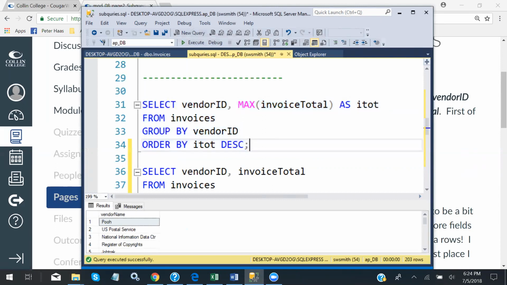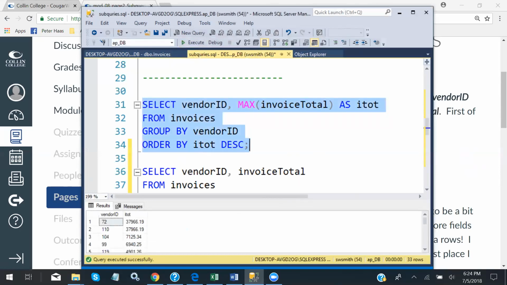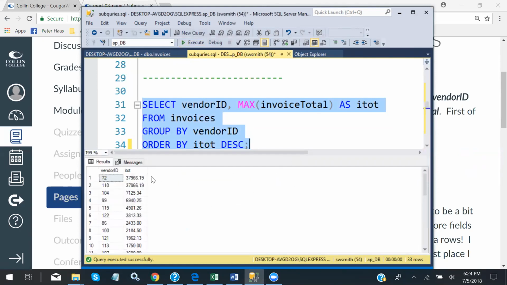Okay, so let's run this guy. Now, if you run it and you haven't changed your data, I'm going to have to go back and run my create AP, but you can change your data anytime you want. Notice that I have 2 rows, vendor ID 72 and vendor ID 110, that tied for the maximum invoice total.